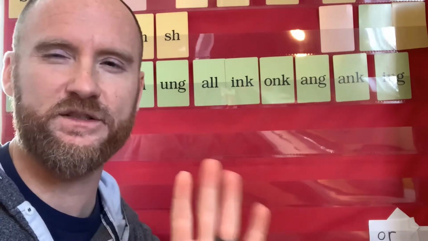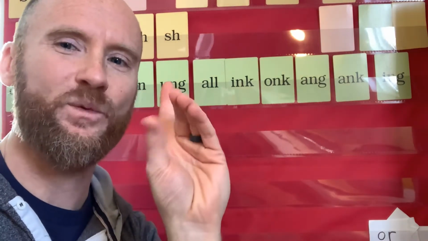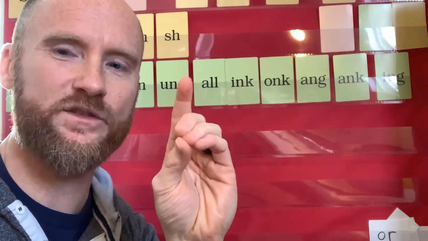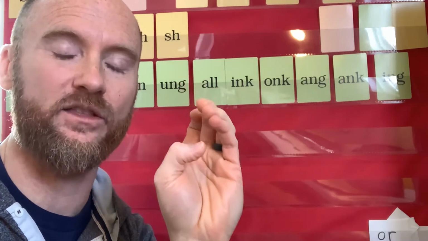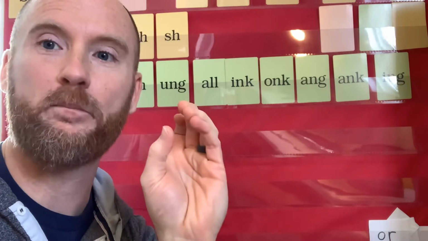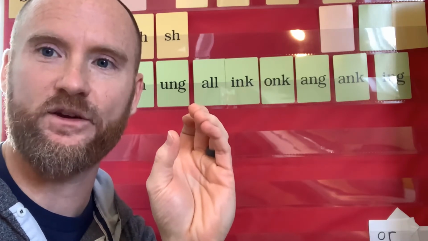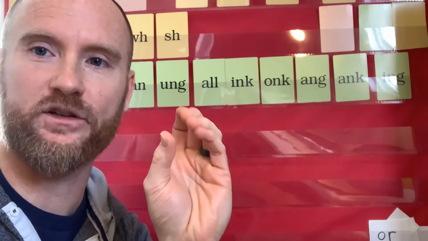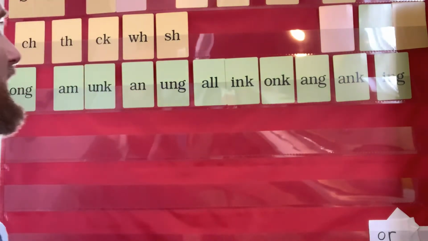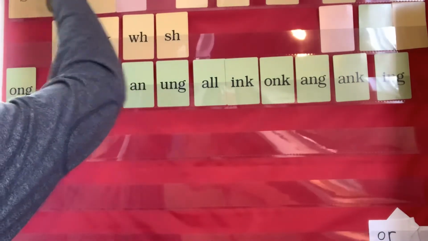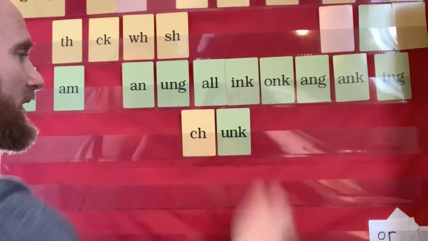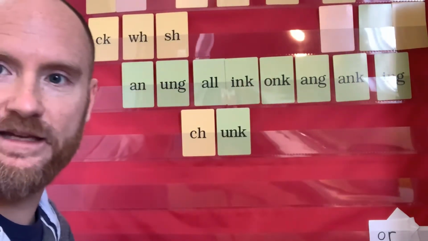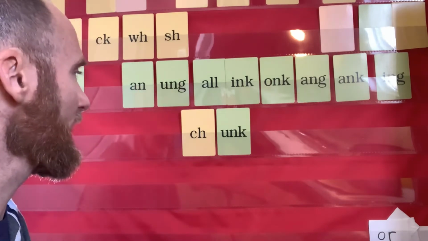I said this a little bit wrong earlier, so we do three fingers, but one tap because it's a three-letter glued sound. So unk is a three-letter glued sound, okay? So if I'm doing that word, chunk, ch, unk, okay? Were you right? Of course you were.